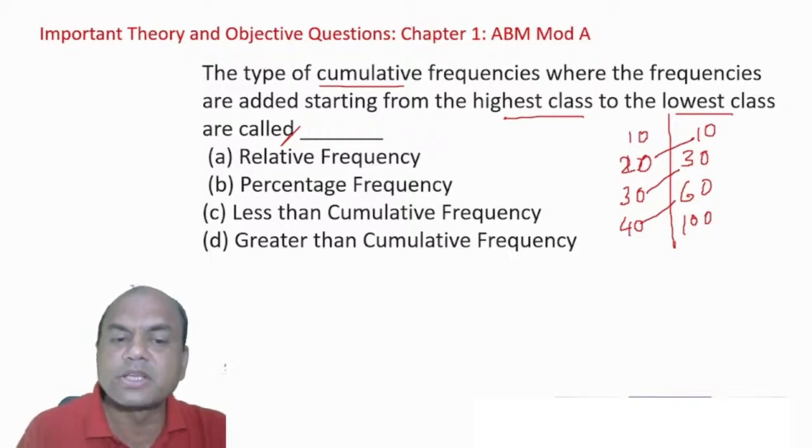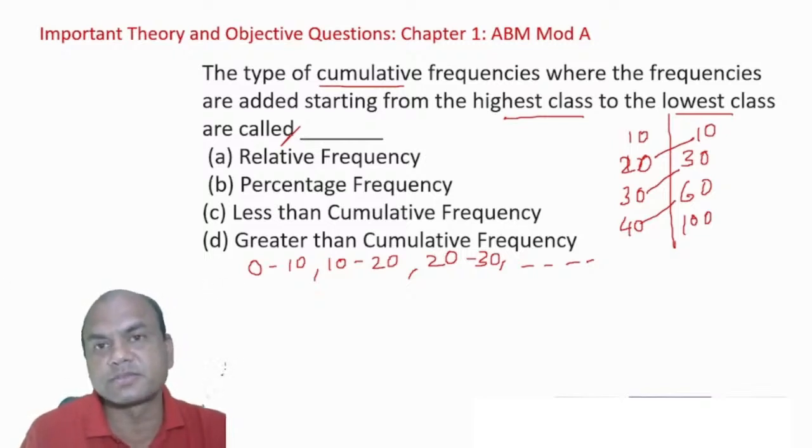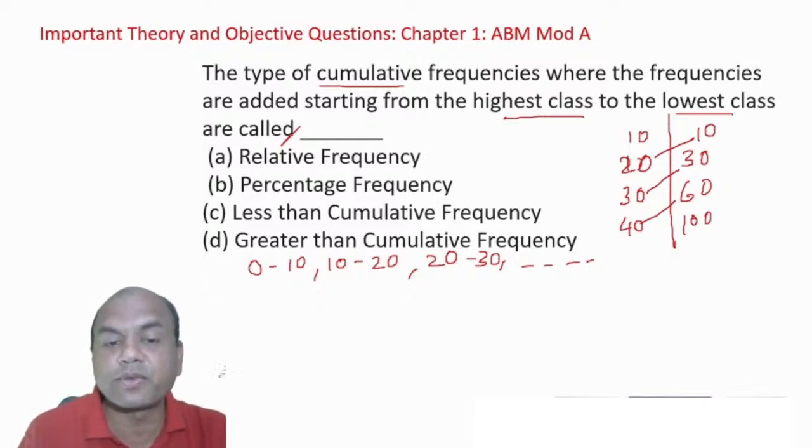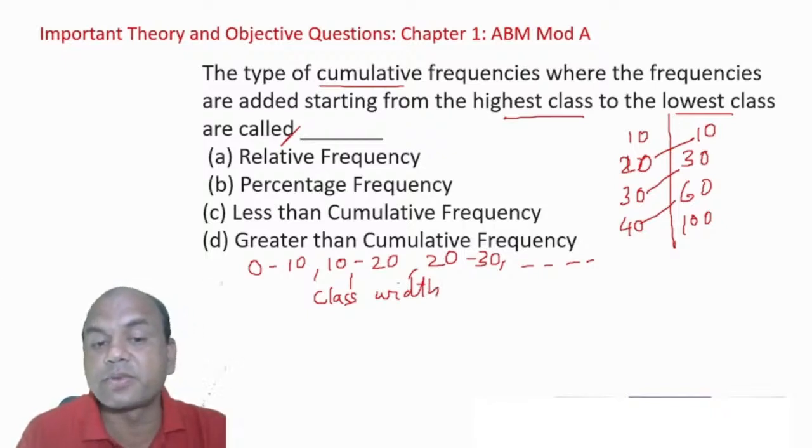For example, 0 to 10, then 10 to 20, 20 to 30, and so on. Each one is known as a class, and this difference is known as the class width. Remember this.